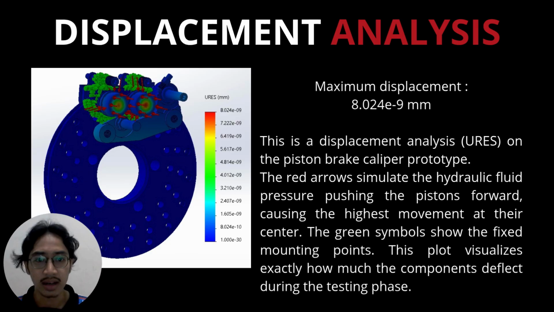However, looking at the quantitative data, our maximum displacement is exceptionally low, measuring at just 8.024 times 10 to the power of negative 9 millimeter. In practical terms, this microscopic level of deflection tells us that the prototype is incredibly rigid.